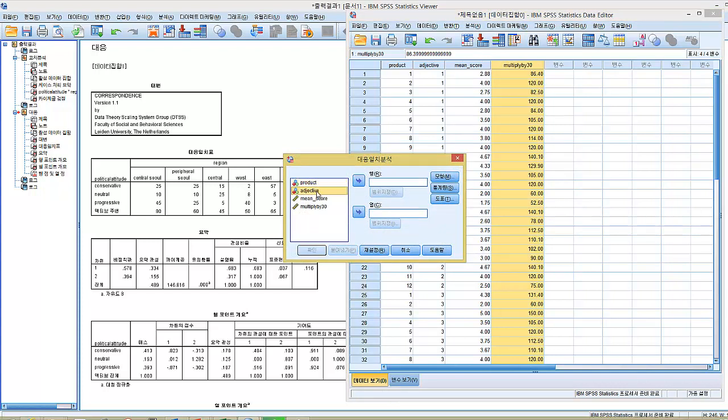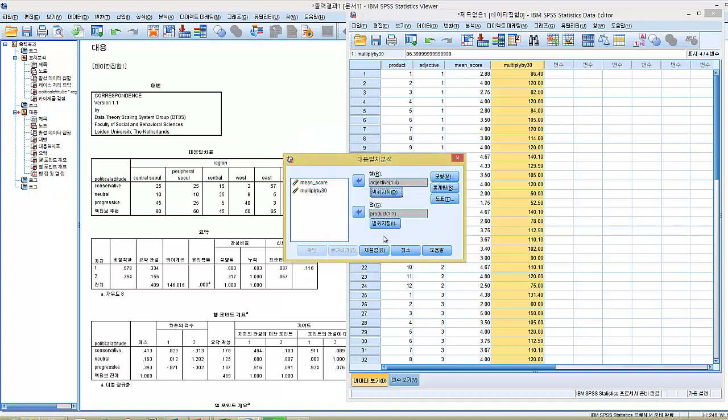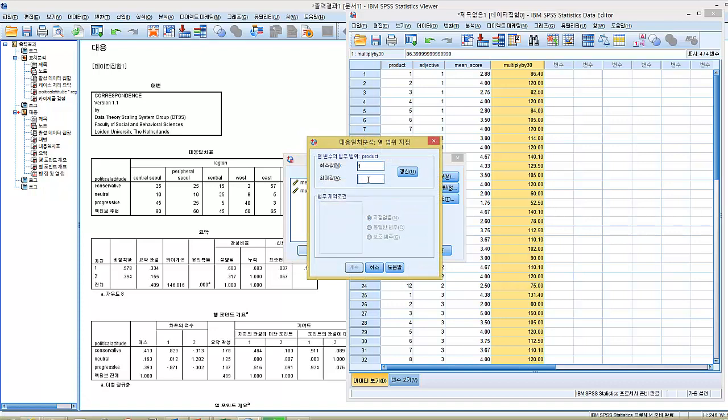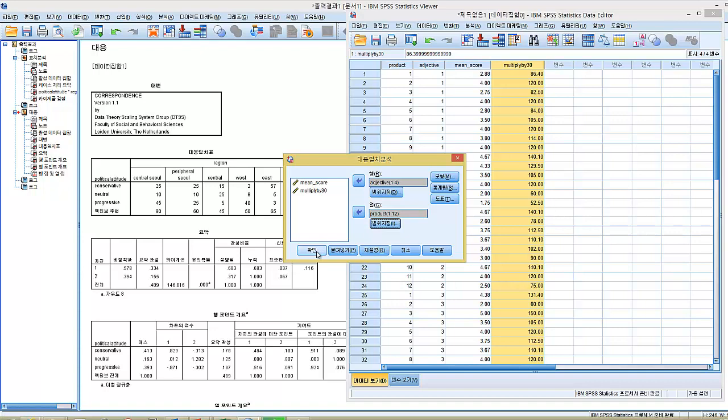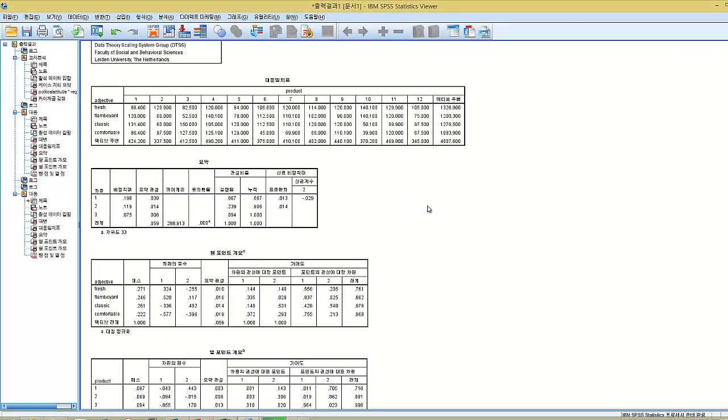Here, adjective and product, and for adjective I take all, so 4, and the product 1 to 12. Okay, so here you go, the result.